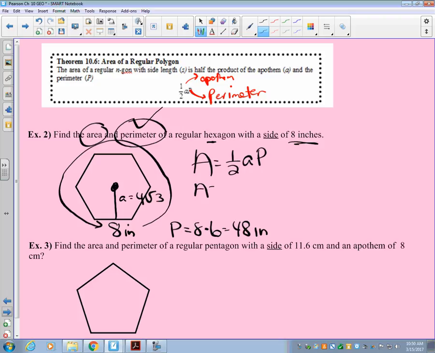The area is 1/2 times the apothem times the perimeter. Half of 4 is 2. 2 times 48 is 96. And we leave the root 3 there. And that is in inches squared.